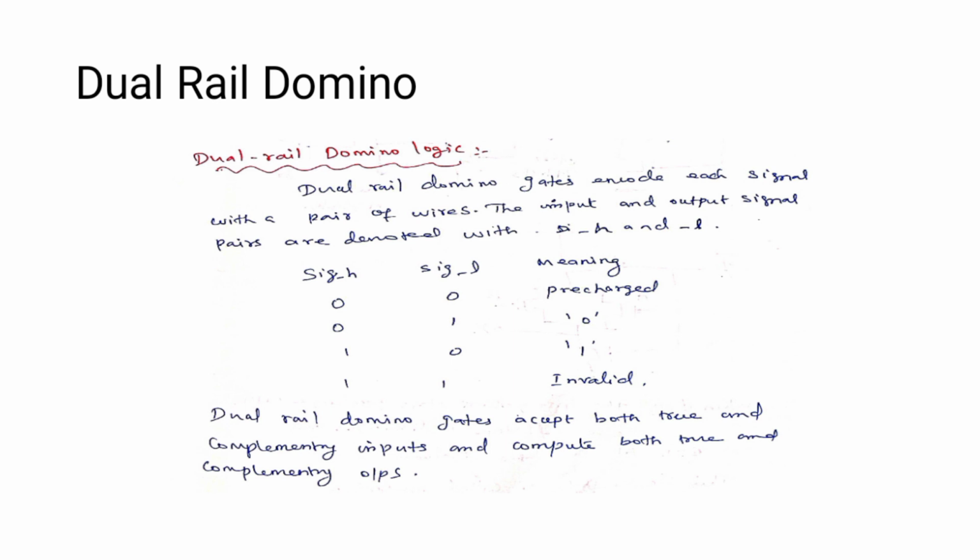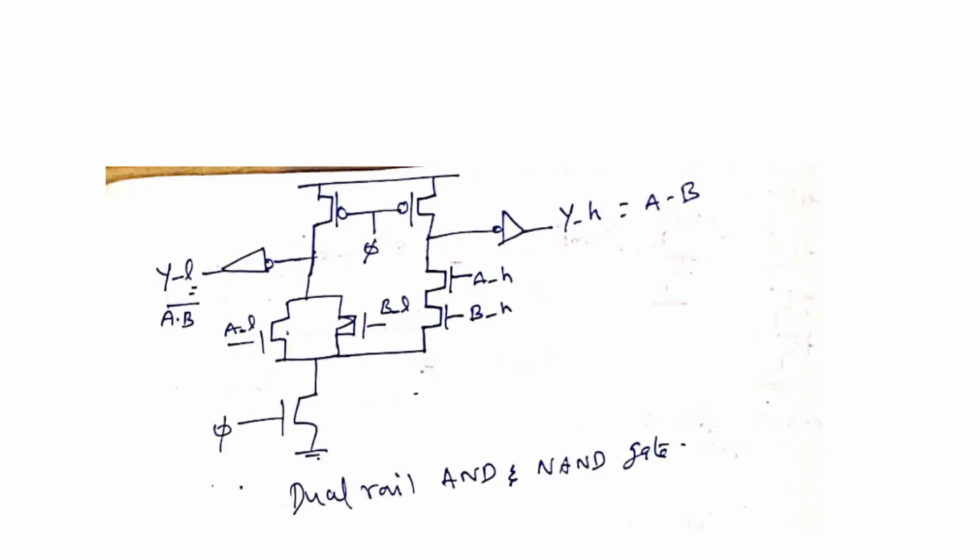You can see the concept by circuit diagram. This is the same structure as we looked at previously in differential cascode voltage switch logic, where the pull up network PMOS transistors are cross coupled, but here both are tied together and triggered by clock.